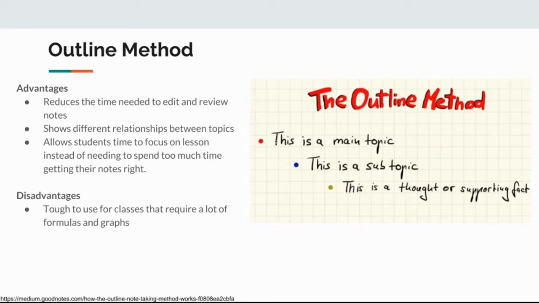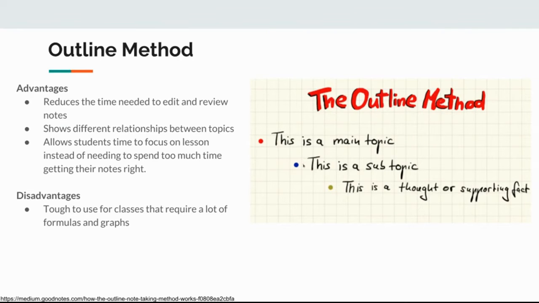The first bullet point is going to be the main topic. It's probably going to be a big header that a teacher has on the board or just a main idea. So in this presentation, the main topic is outline method. Next, you're going to put another dot, a little bit over this time. You can use different colors, shapes, sizes, whatever.